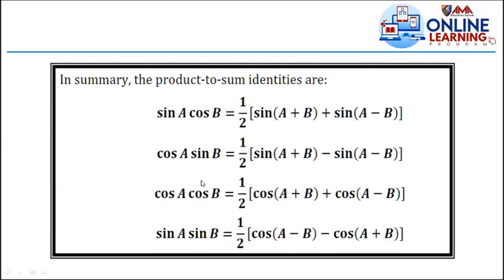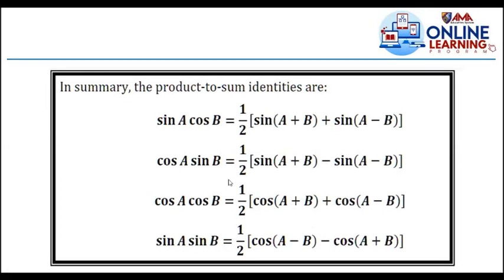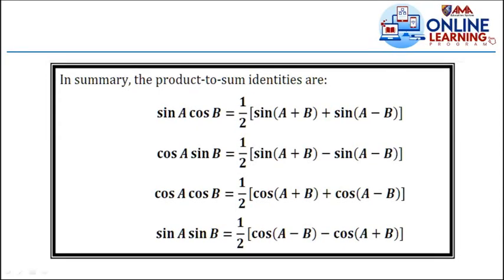Also, cosine A cosine B is the same as 1 over 2 cosine A plus B plus cosine A minus B. Sine A sine B is the same as 1 over 2 cosine A minus B minus cosine A plus B. So by this time, we have another 4 trigonometric identities. So we have many formulas now, the product to sum identities.